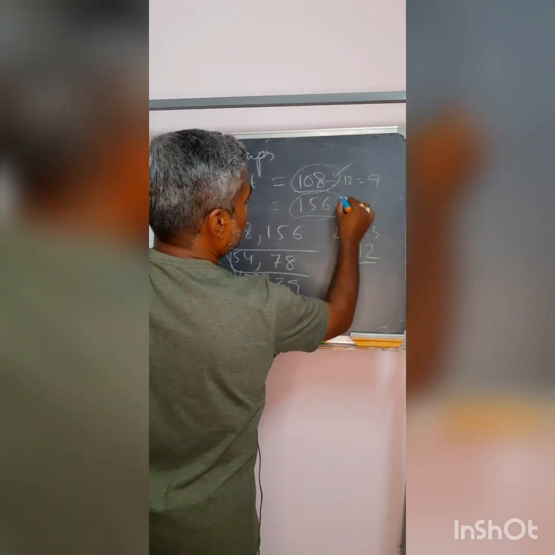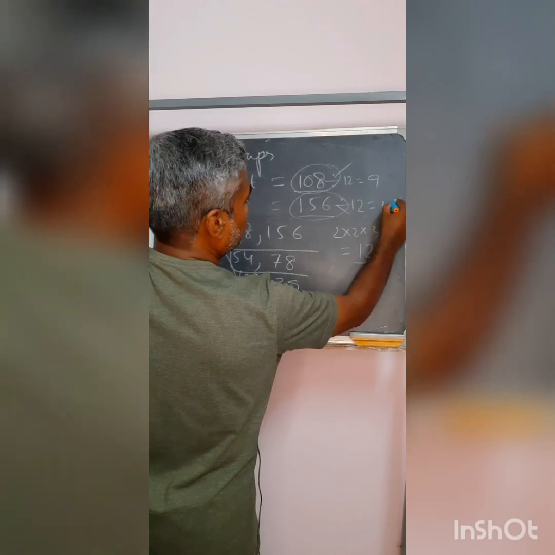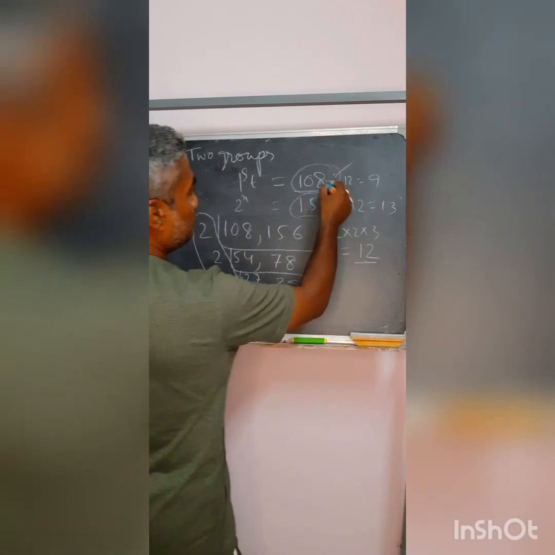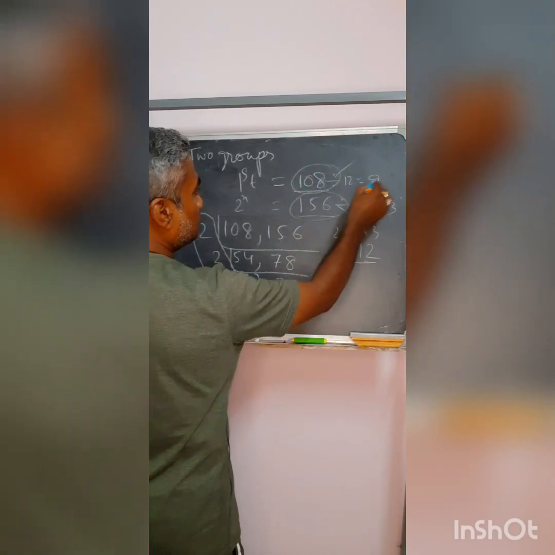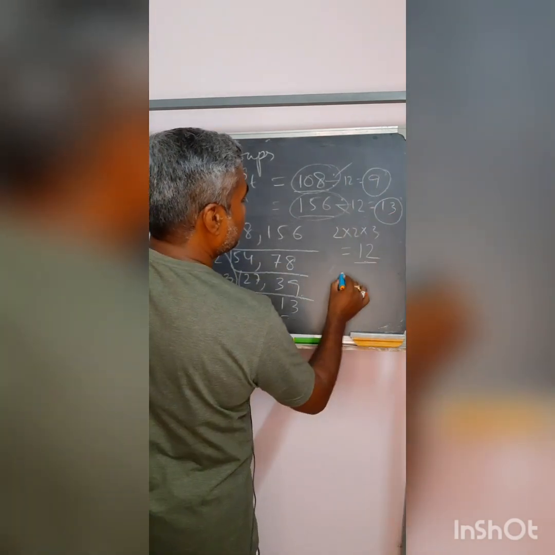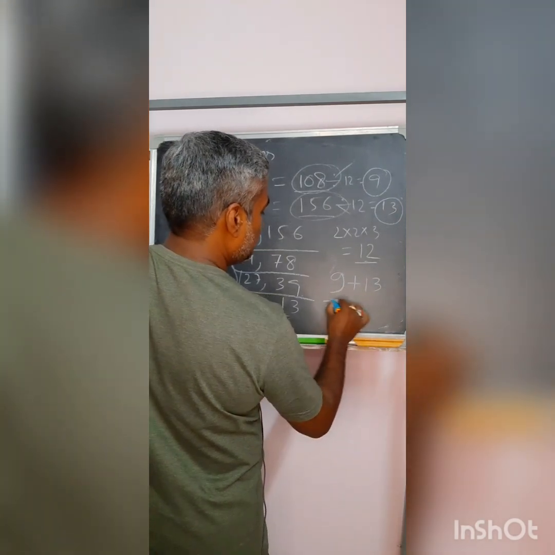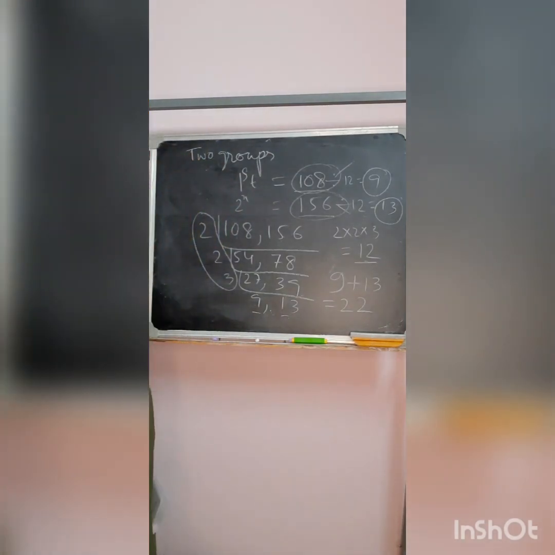If I divide 156 by 12, it will give you 13. As I am not able to keep these students together, separately I have to use 9 here and 13 here. So the minimum number of accommodations that has to be used is equal to 22.